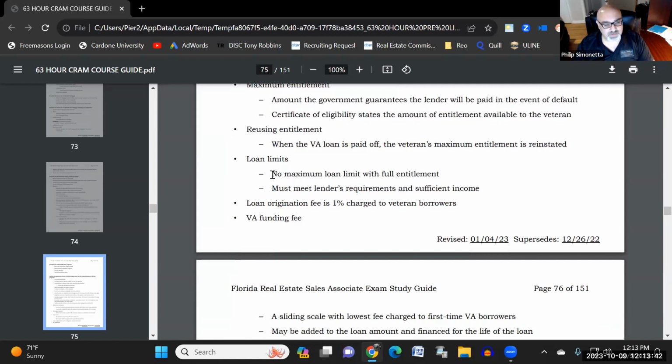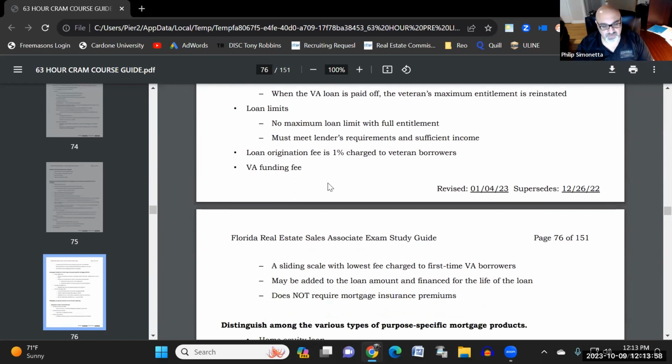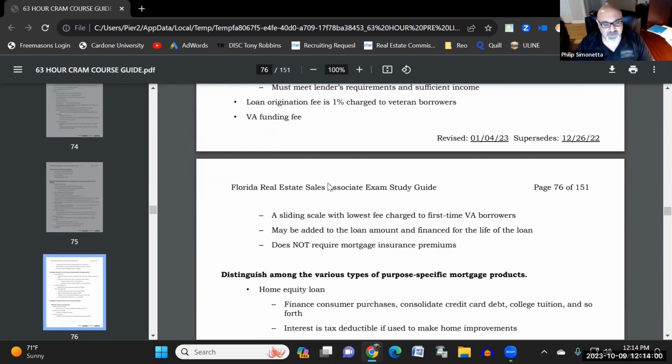Okay, loan limits. There's no maximum loan limit with full entitlement. However, they must meet the lender's requirements for sufficient income and credit. The loan origination fee is 1% charged to the veteran borrowers. And there's a VA funding fee. They charge a fee for it. And that funding fee has a sliding scale with the lowest fee charged to the first-time VA borrowers.